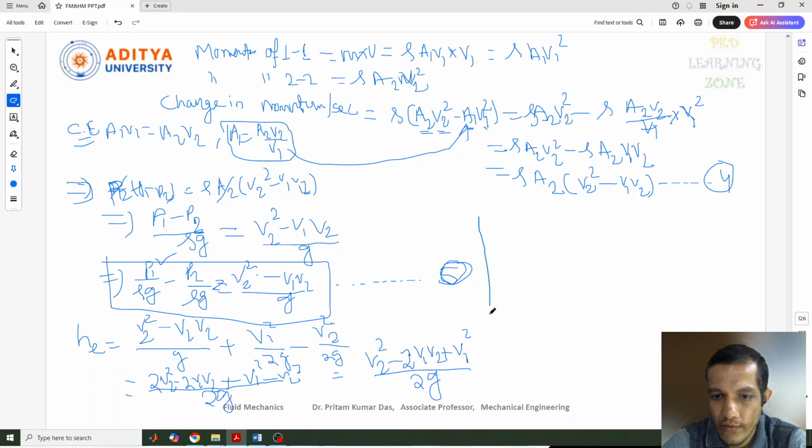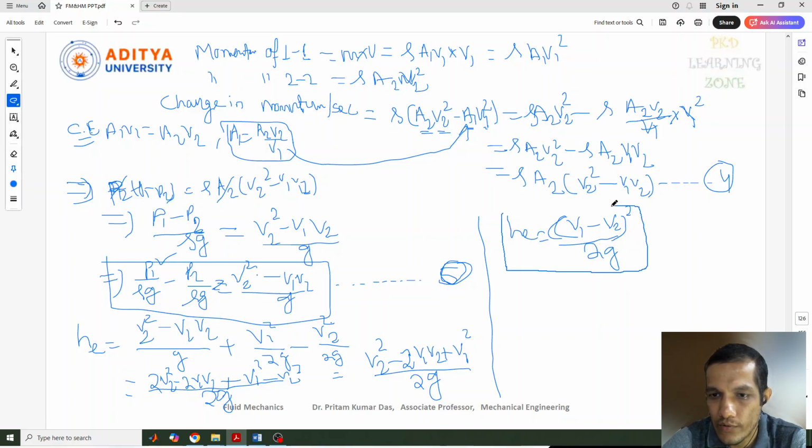So finally HE equal to (V1 minus V2) whole square divided by 2g. This is the head loss due to the sudden enlargement in the pipe, and this is our final equation. I hope you understand.